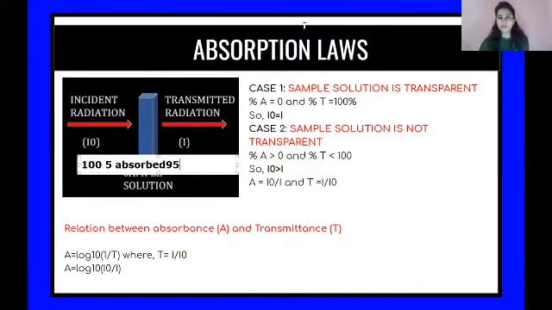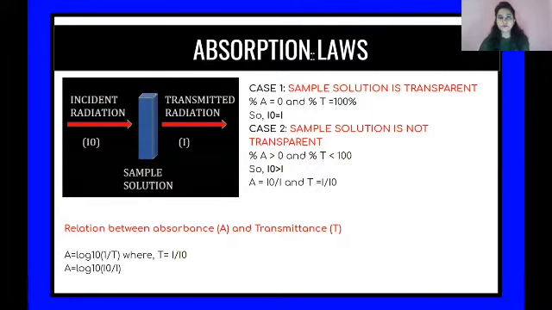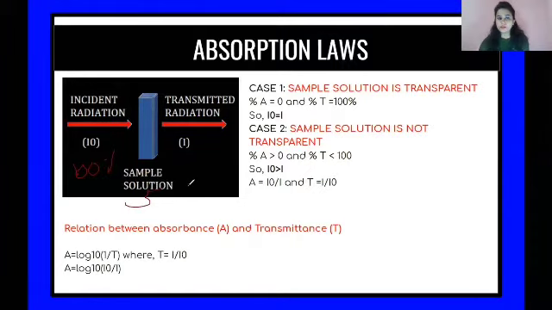So what we can say is that out of the 100% radiation taken, only 5% got absorbed by the solution. Everything else got transmitted, and so we are left with 95% radiation coming out as transmitted radiation.